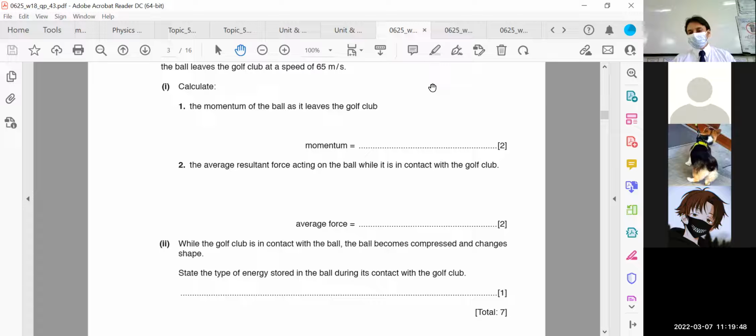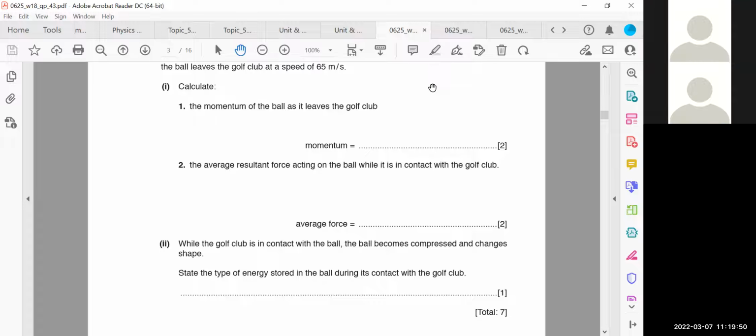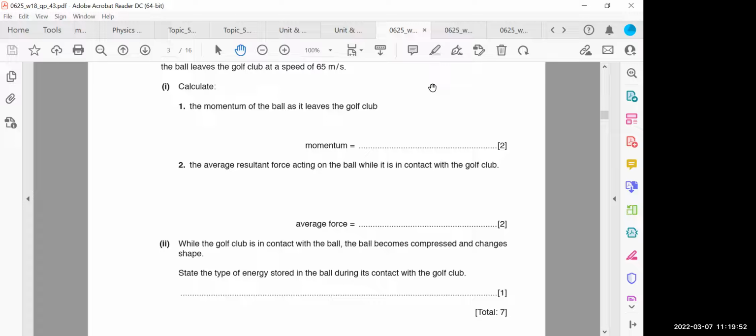Tenth class children. Trisha, Trisha and Harshan, both of you. Average resultant force. Trisha and Harshan.